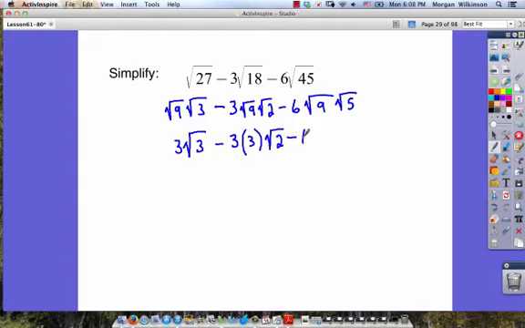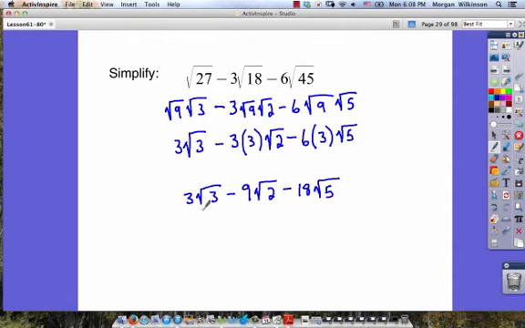Minus 6 times 3 times the square root of 5. Let's simplify as we go again. We're going to get 3 times the square root of 3, that stays the same, minus 3 times 3, that's 9 times the square root of 2, minus 6 times 3, that must be 18, so we get 18 times the square root of 5.